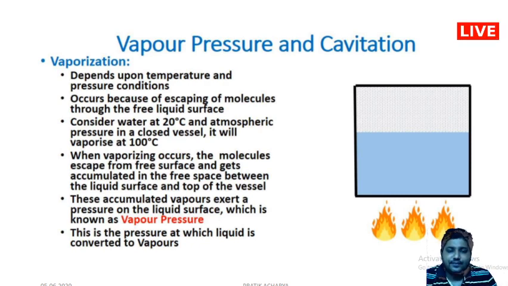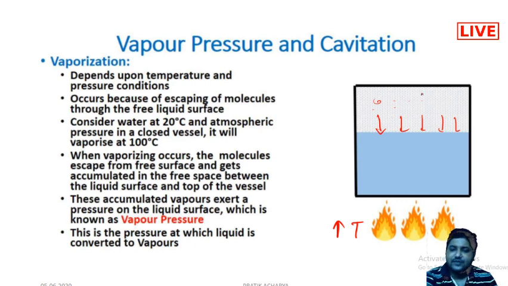So vapor pressure and cavitation, what do they mean? Vapor pressure is the property of the fluid, and cavitation is the effect of the vapor pressure. If you take a container and increase the temperature, the liquid from the surface is going to vaporize, and the vapor will accumulate in the empty top part, in a saturated state, and exert a pressure onto the surface.